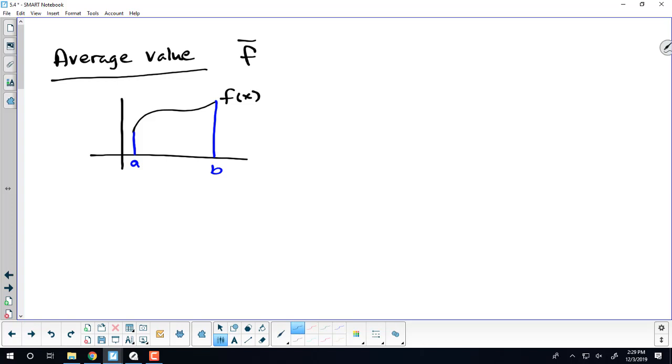And so the way we can do that is we'll just put a whole lot of rectangles in there and say, well, the average value that we're calling f bar, all I do is take the values in question.